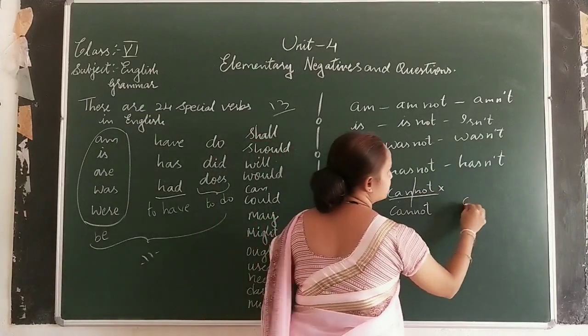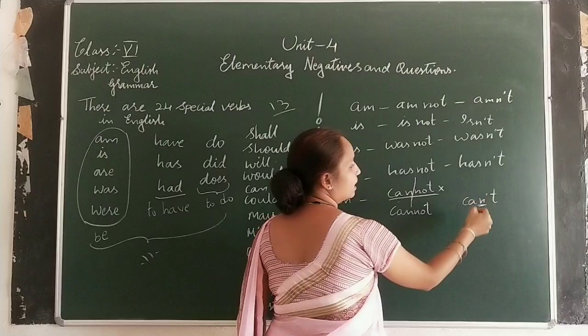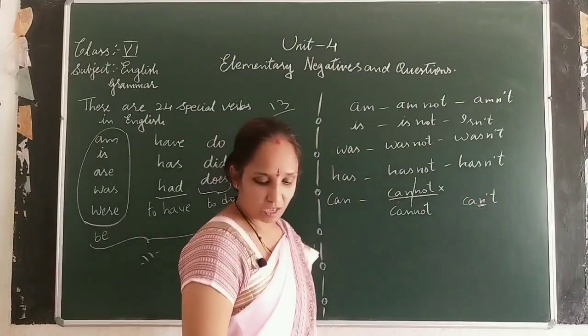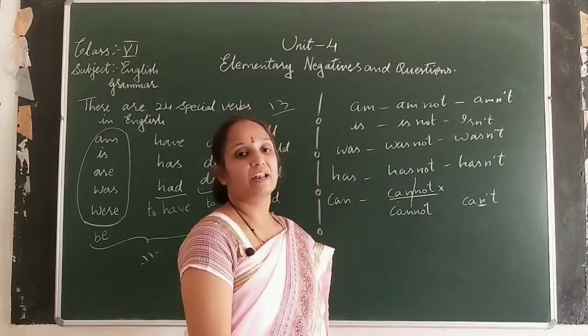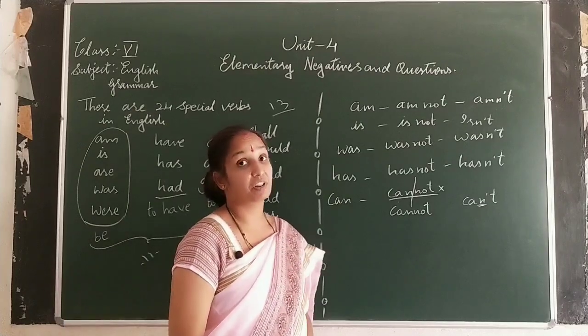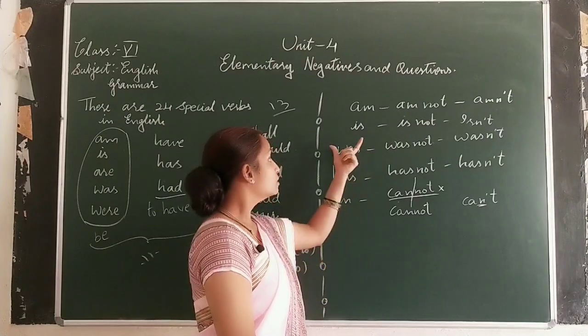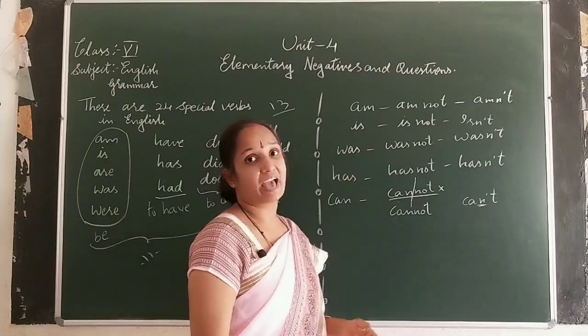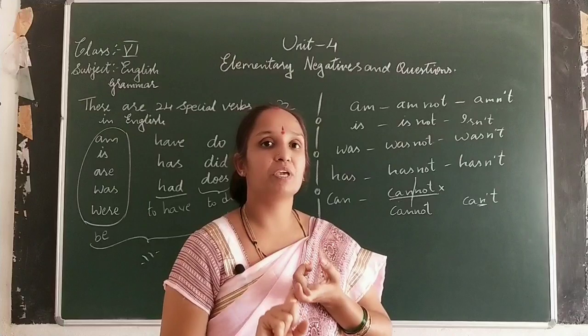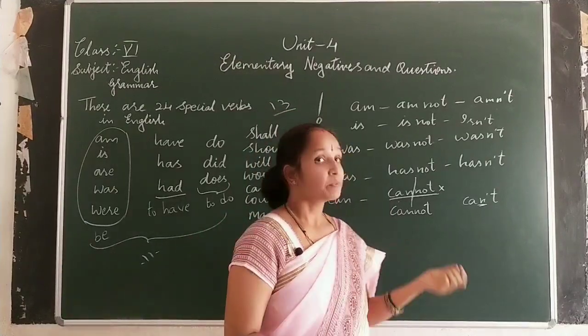It is written as can't with a single n. Okay. This we can write in the form of sentences. How we should frame the sentence with the help of these verbs. These verbs act as a link between the subject as well as object.